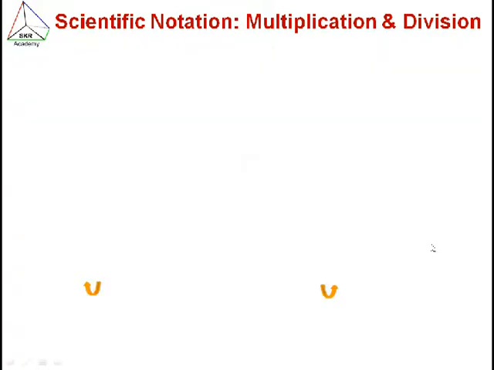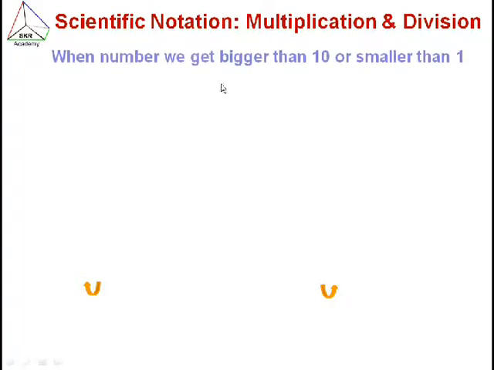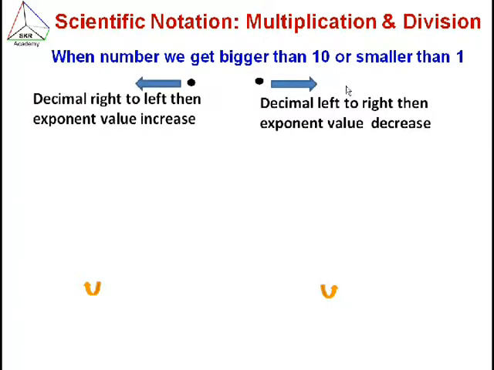Let's take another example. When the number we get is bigger than 10 or smaller than 1, how will we manage? Before that, I would like to remind you of one rule: if we move the decimal right to left, we increase the exponent value, and when we move the decimal point left to right, the exponent value decreases.